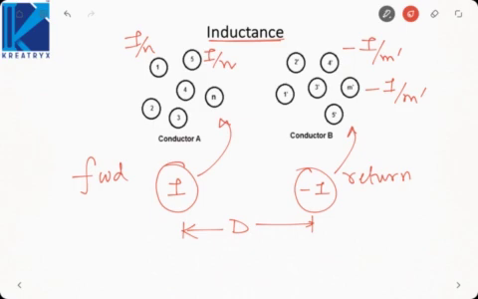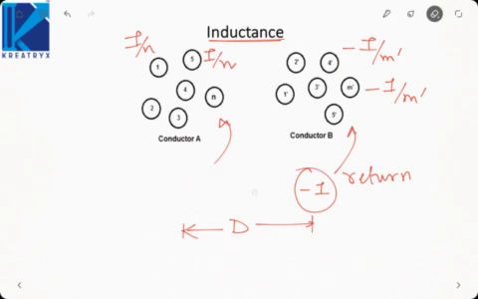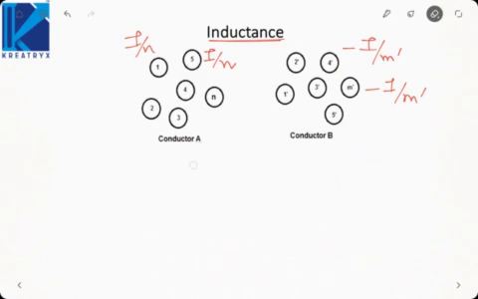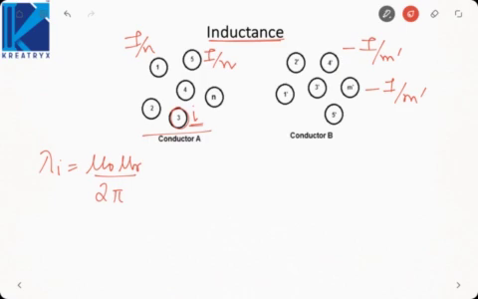Now to find the inductance we first need to find the flux linkage. To find the flux linkage of a conductor in a group, let me choose a conductor, say the ith conductor. So lambda i would be mu naught mu r by 2 pi. First let us see the flux linkage due to conductors in the forward group: I1 ln 1 by d i1 plus up to In ln 1 by d in.